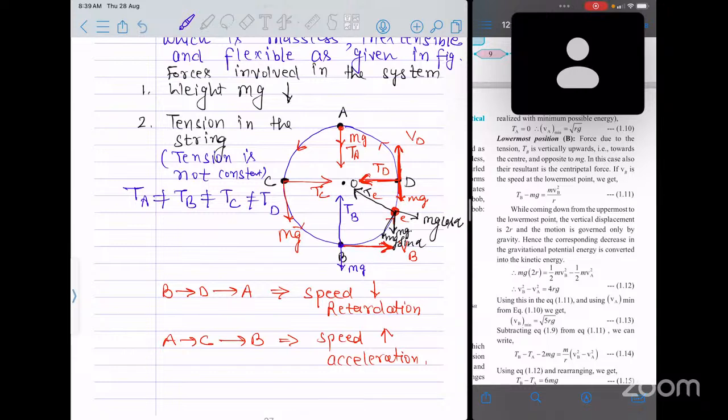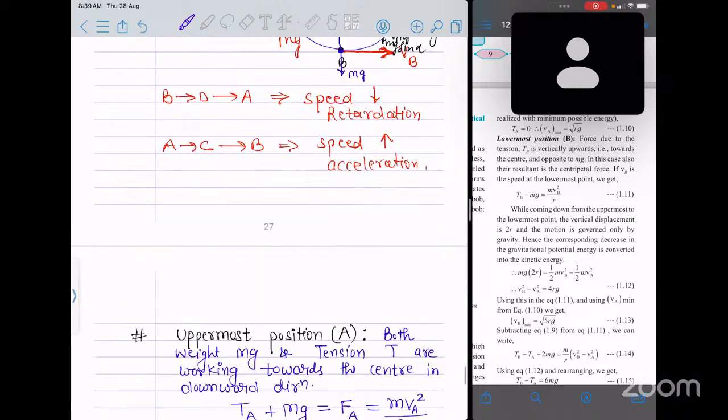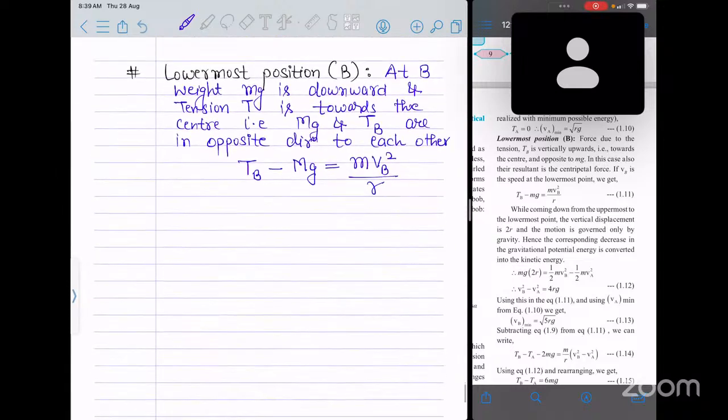If TB is not greater than mg, circular motion is not possible, because then mg will be greater and the object will fall downward. So for the object at point B to be in circular motion, it must have some centripetal force, and that centripetal force will be given by TB minus mg. So at lowermost position at point B, TB minus mg is equal to m into VB square divided by r.